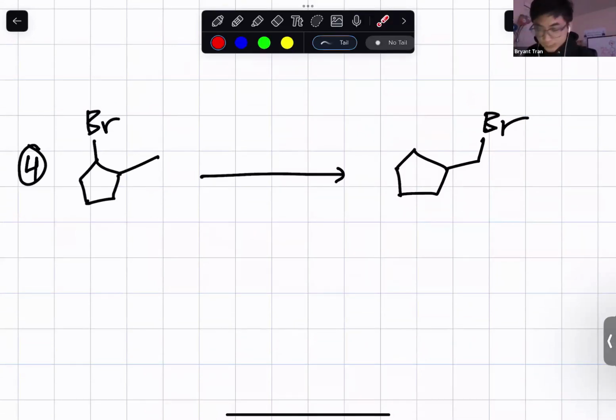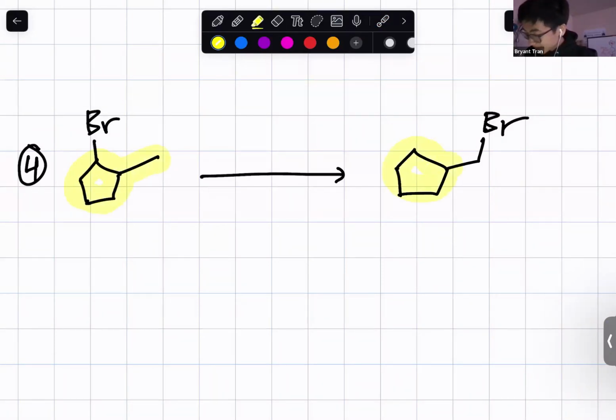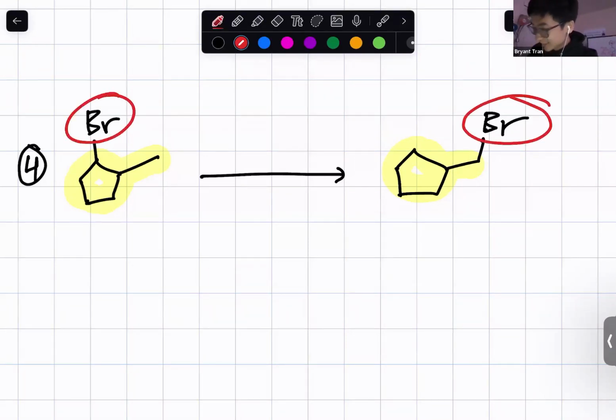For synthesis problems, here's my thought process. I look at what's similar and what's different. I'm going to highlight the part that is similar, which is this ring right here, and then I'm going to circle the one that is different. It's a lot of reactions. Think of the reactions that you learned as the tools in your toolbox for these synthesis problems.